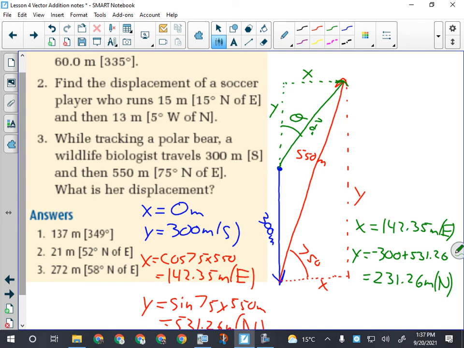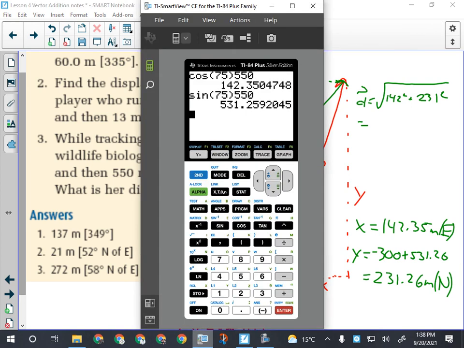Okay. All right, now that I have the two sides of the green triangle, y and x, I can now calculate d. Right, so d will be the square root of my 142 squared plus my 231 squared. Okay, again, I'm only rounding off on paper. I'm not rounding off here.